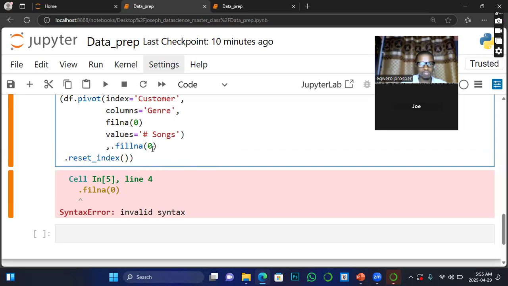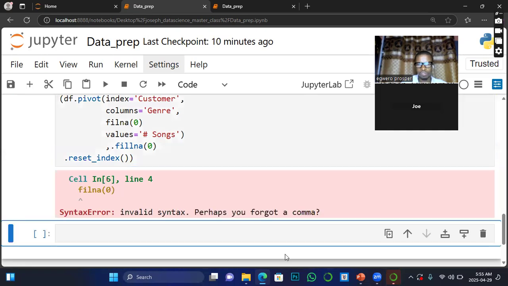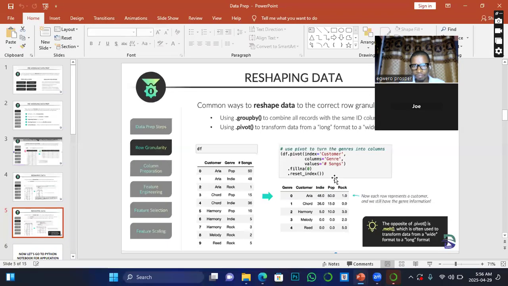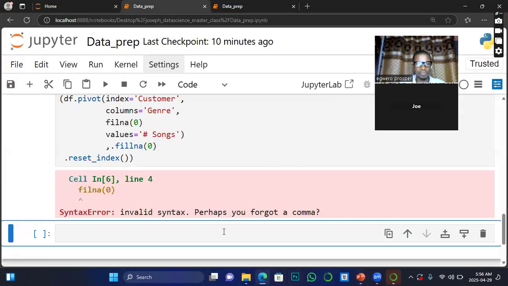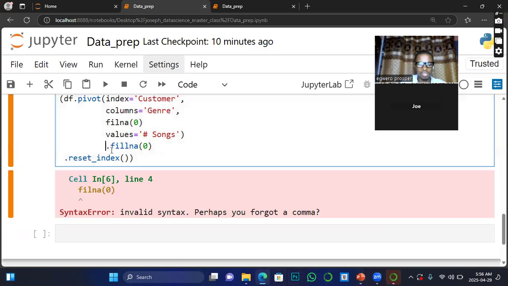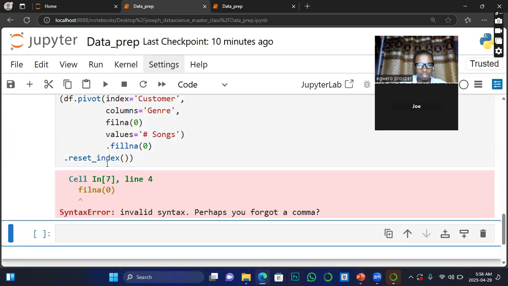Let me take this one down. Okay, let me just confirm what I have here. Okay, I have seen where the error is coming from. I'm supposed to put this comma.